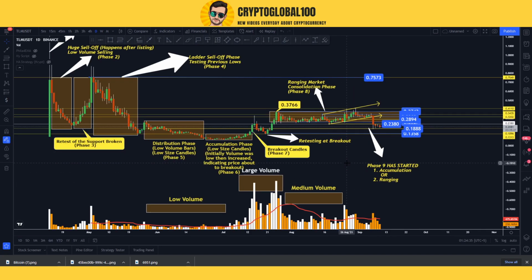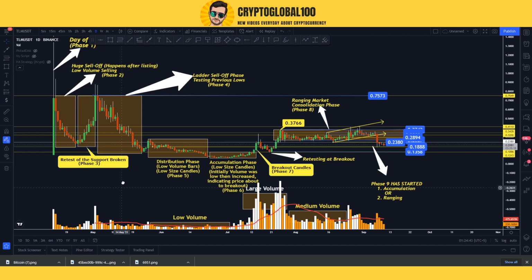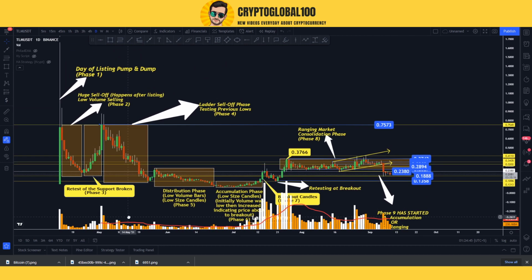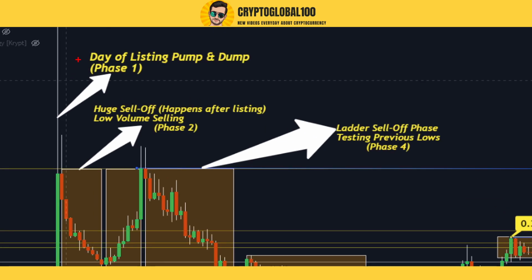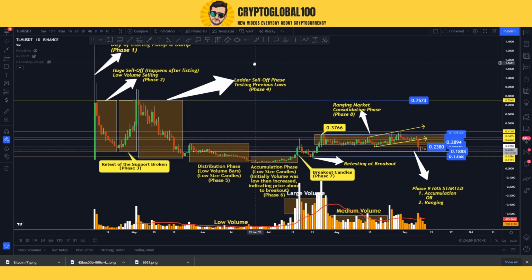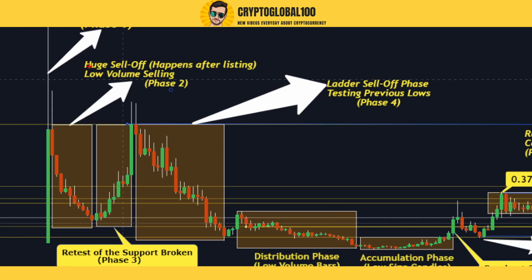But first we need to understand the market structure, and I hope it's gonna help you with your learning as well. So what I'm gonna do is go first off from the day of listing. You can see what happens usually on the day of listing. I usually see a pump and dump: the price came up, then dumped. And what happened afterwards? The next day, phase 2, huge sell-off.